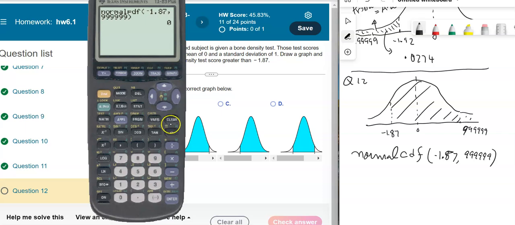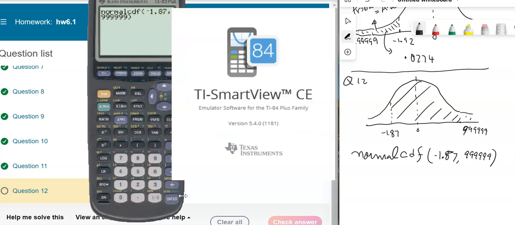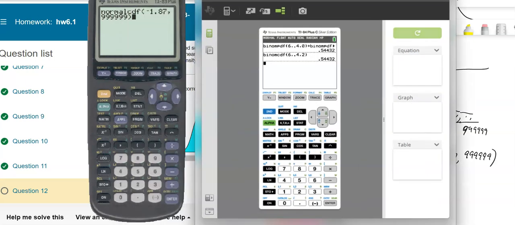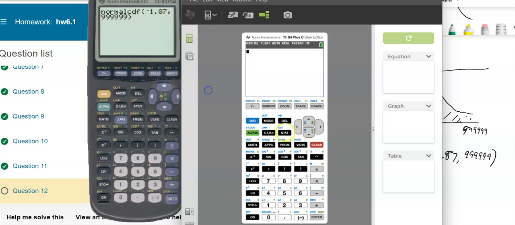Oh, I did PDF. Sorry about that. It should be normal CDF. Second bars, normal CDF, and then negative 1.87, comma 999,999. If you use this calculator, you have the same thing.